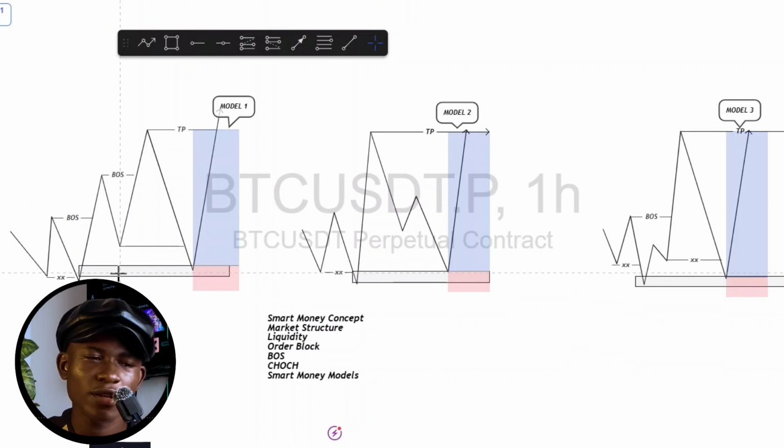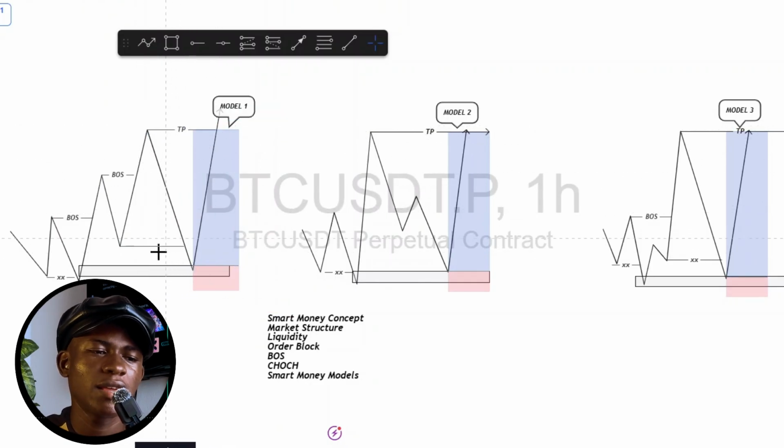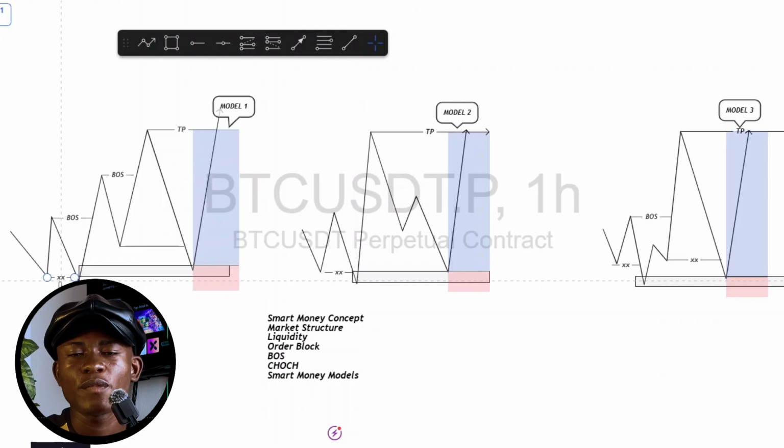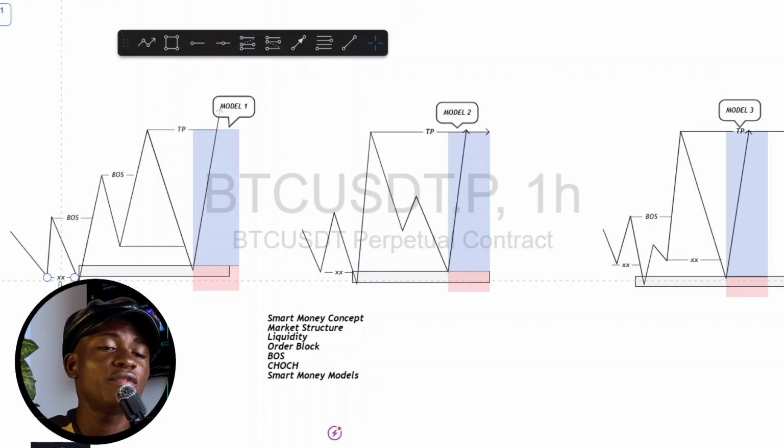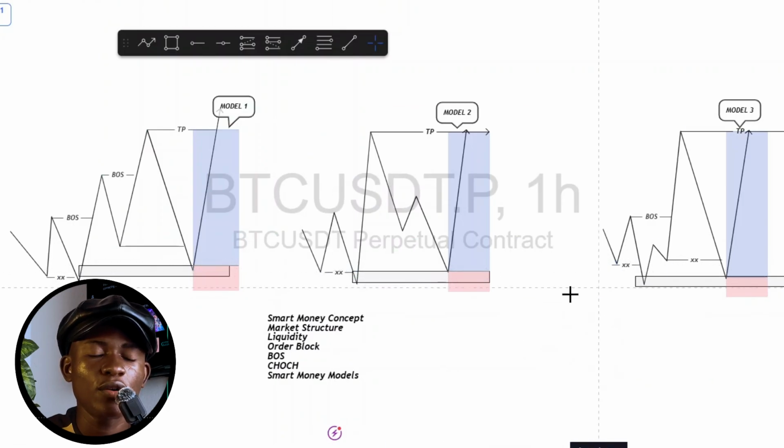A very simple model. You look for 2 breaks of structure in the market, look for an inducement, and then your TP should be placed at the recent high, and this double X here is called a sweep of liquidity. Liquidity is very important in every model. As you can see, model 1 has the sweep of liquidity, and model 2 too, they are all the same.